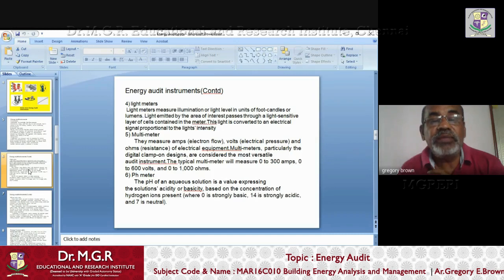Then we have the multimeter. Commonly most of you would have seen this gadget. This is for measuring all electrical units like voltage in terms of volts, current in terms of amperes, and resistance in terms of ohms.